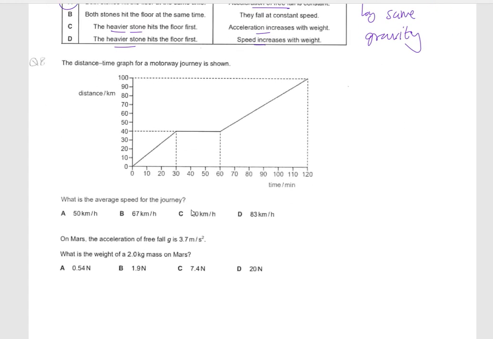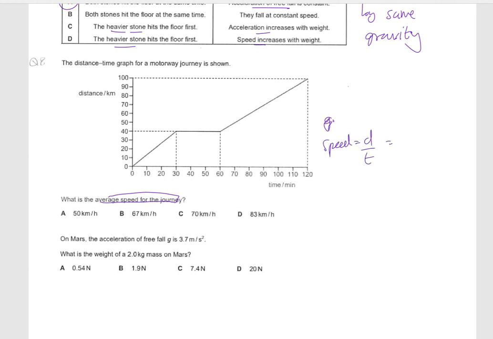Now calculate the average speed of this journey. Okay. Now this one is what is the average speed in this case. So how can we do this? We're looking for the average speed of the entire journey. So let's go for speed equals distance over time.